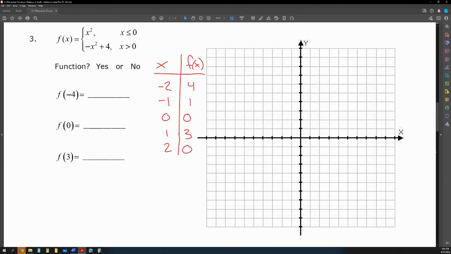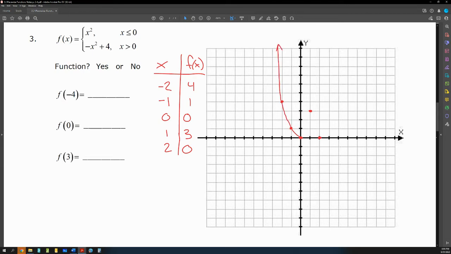Okay, so let's go ahead and plot some of these points. So -2, 4 is right here, -1, 1, the origin 0, 0, 1, 3, and 2, 0. So remember, the left-hand piece is the parent function for a quadratic, x squared. So it's centered at 0, 0, and it opens upward.